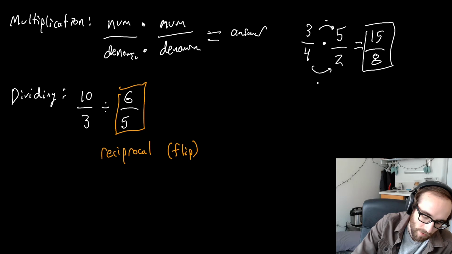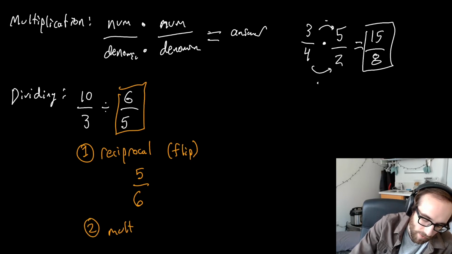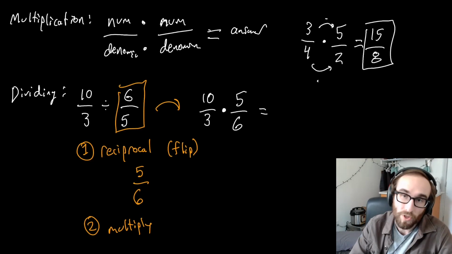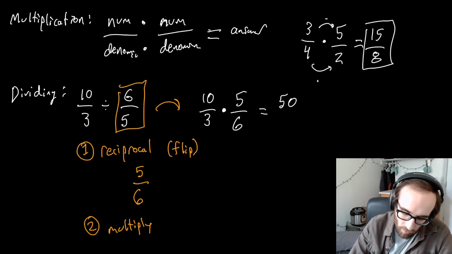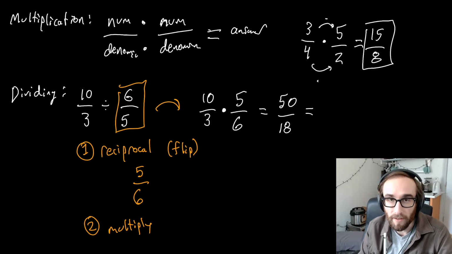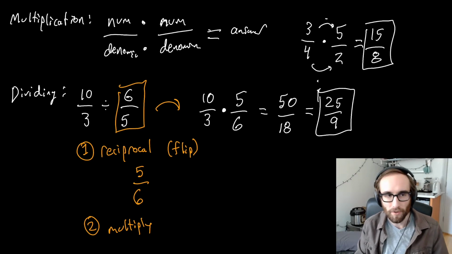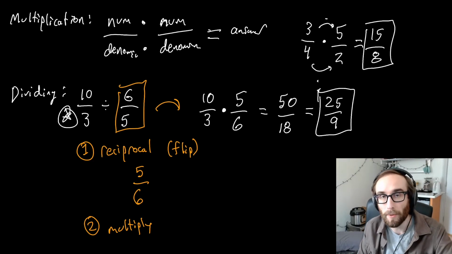The numerator becomes the denominator, and the denominator becomes the numerator. Take the reciprocal, and then multiply by that reciprocal. So what that looks like here is we have 10/3 times 5/6, which gives us 50/18. And we can simplify that by dividing the numerator and denominator by 2. 25/9 is our final answer to this division problem.